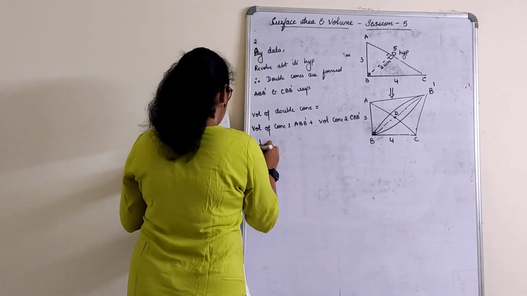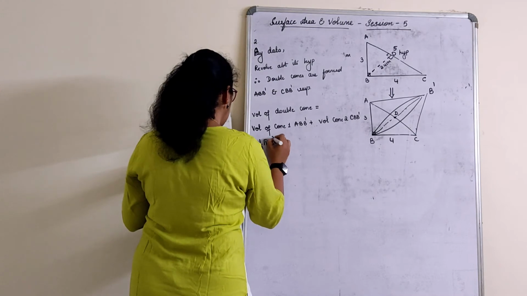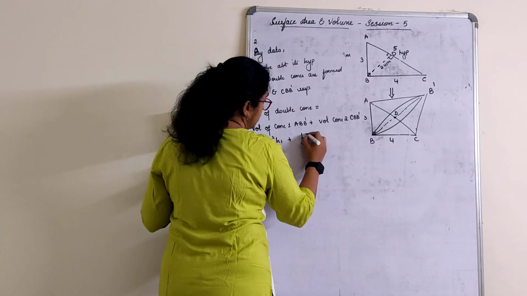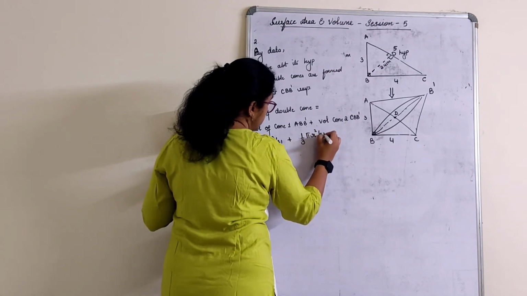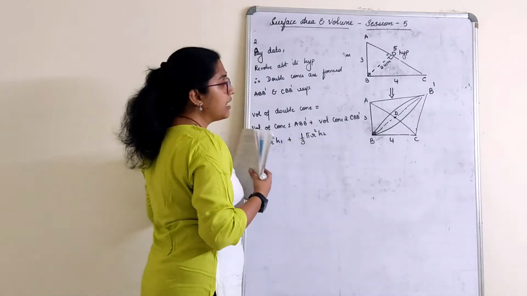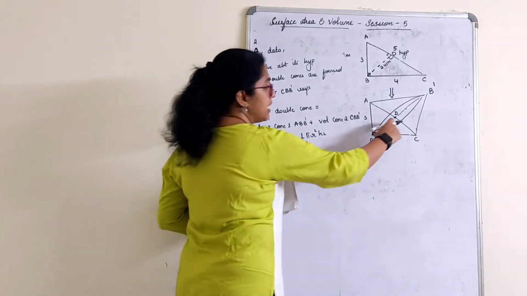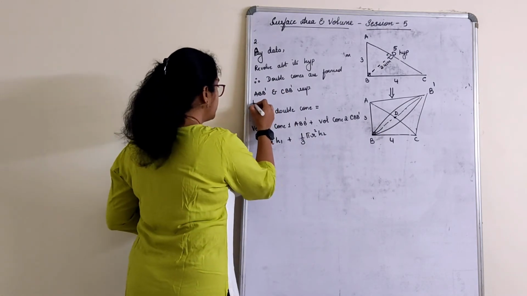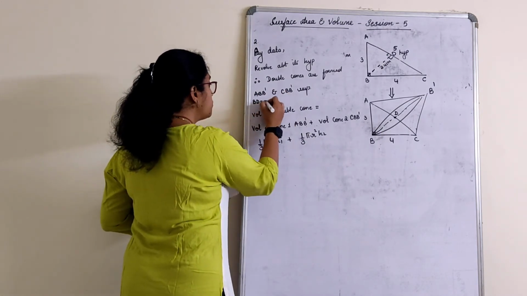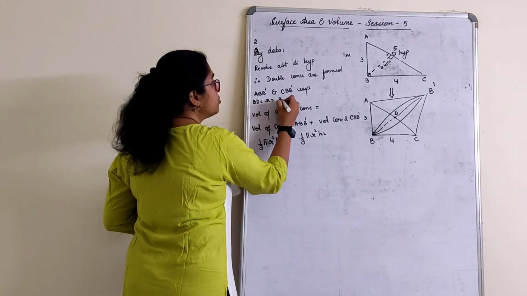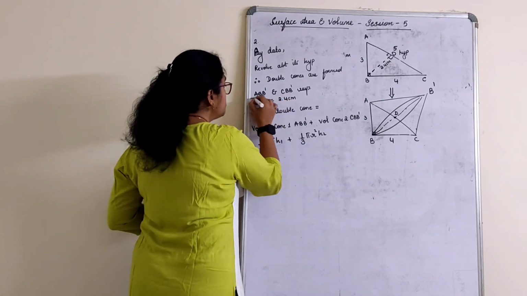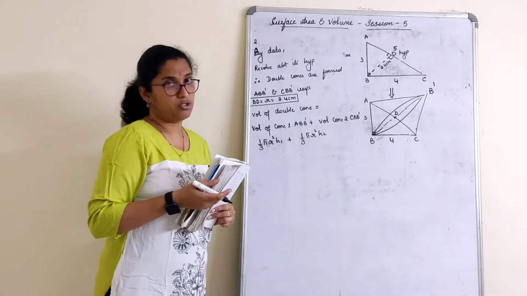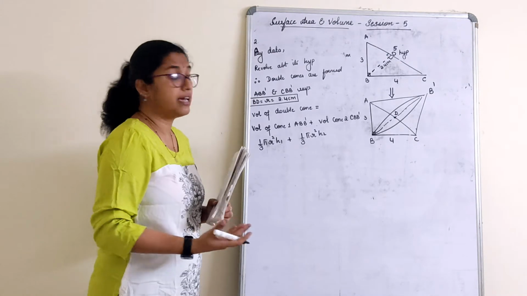It is 1 by 3 pi r square h1 plus 1 by 3 pi r square h2. Why? Because r remains the same. Now what is the r? BD is the r, right? If you want, you can write it here, children. BD is equal to r is equal to 2.4 centimeter. Just mention this one, please. Radius for both the cones has to be the same, right? Because it is revolved about its hypotenuse.